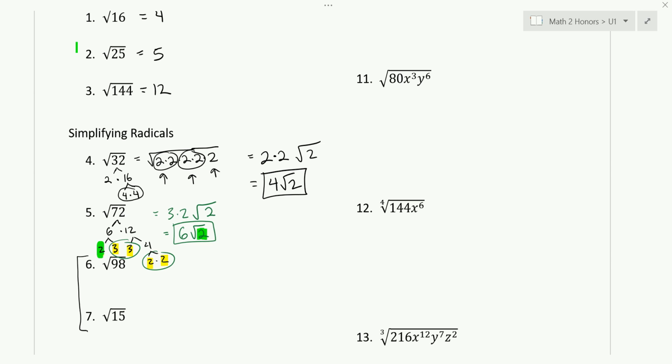See if they're getting the same thing you got for 6 or 7. Number 7 simplified.